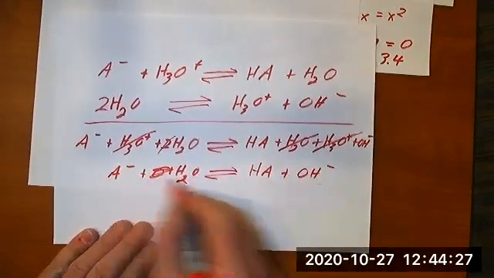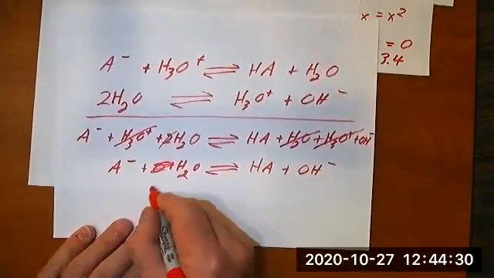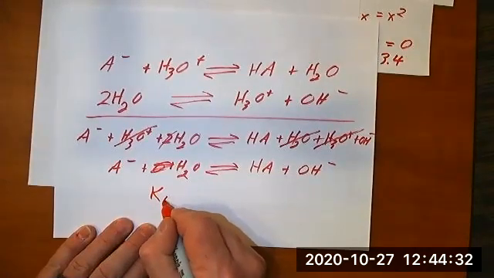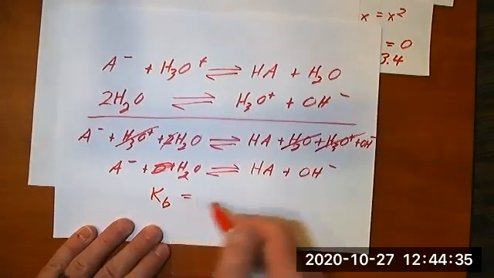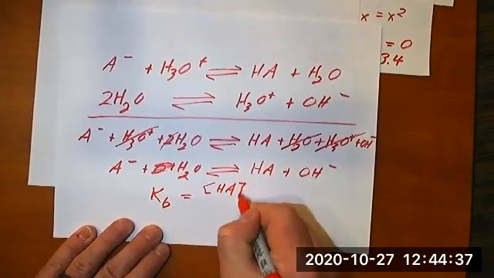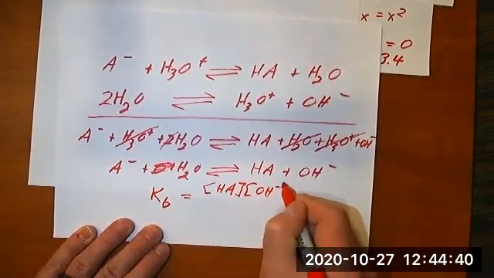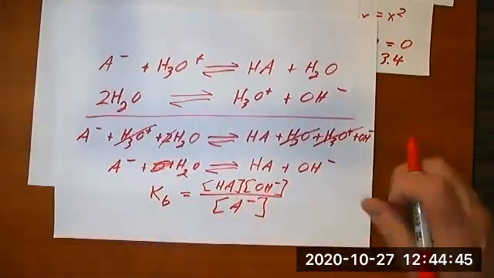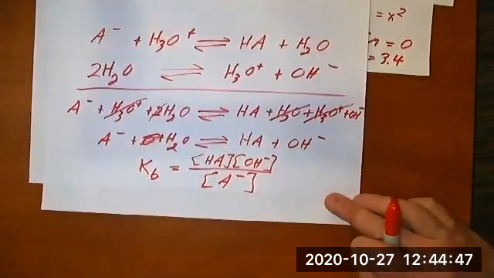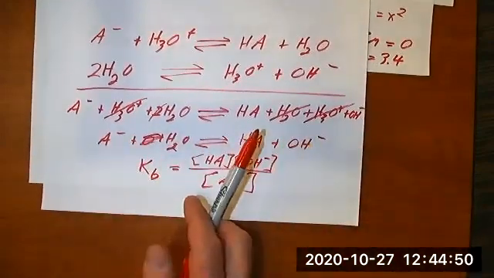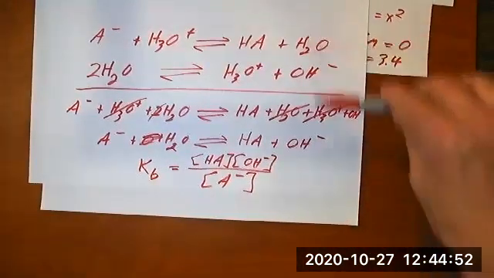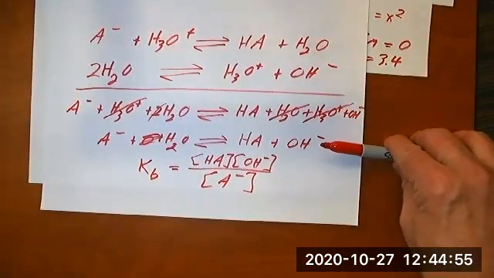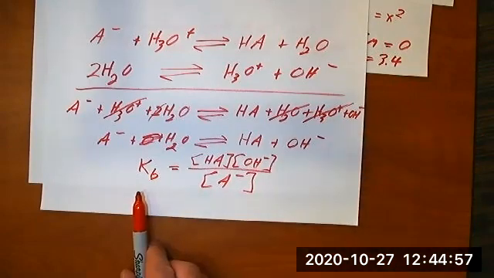And so the equilibrium constant for this reaction, we give the notation Kb for the equilibrium of the base. So that's going to be HA times OH minus over A minus. And because these reactions are related to each other, the acid reaction and the base reaction for the conjugate base, there is a relationship between the Ka for the acid and the Kb for its conjugate base.